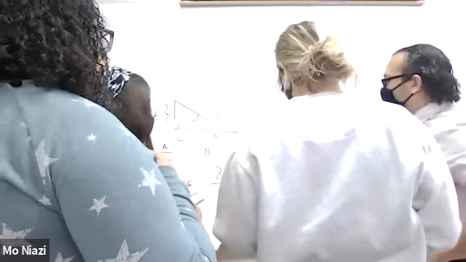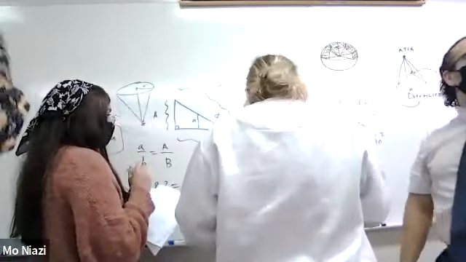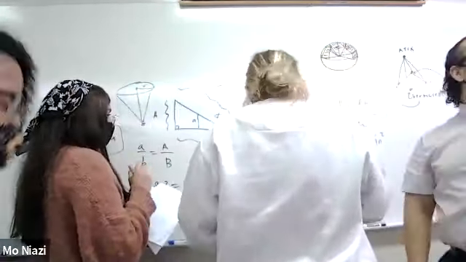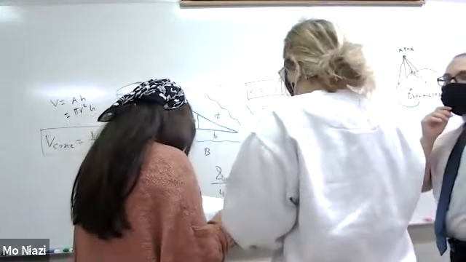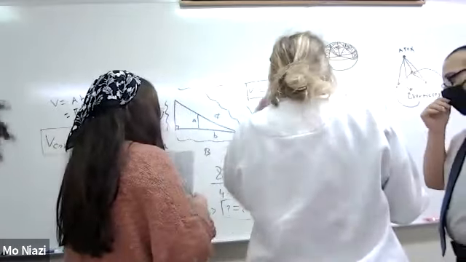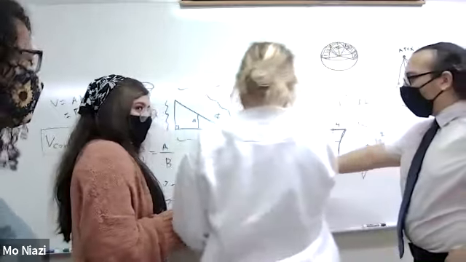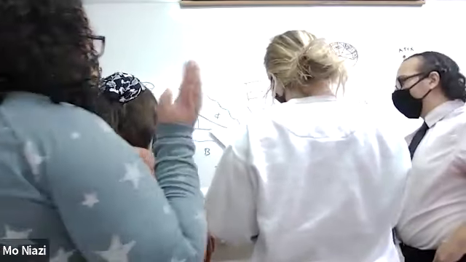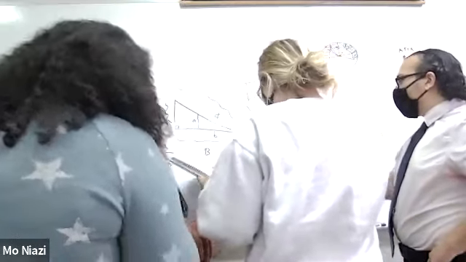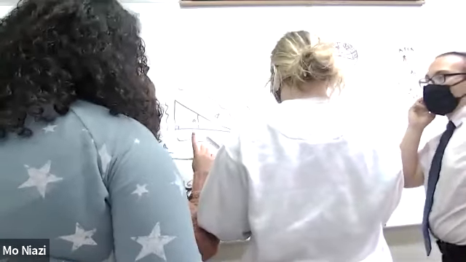You say 8, this ratio, divided by this ratio, is the same thing as this ratio divided by that ratio. It's a similar triangles proportion.